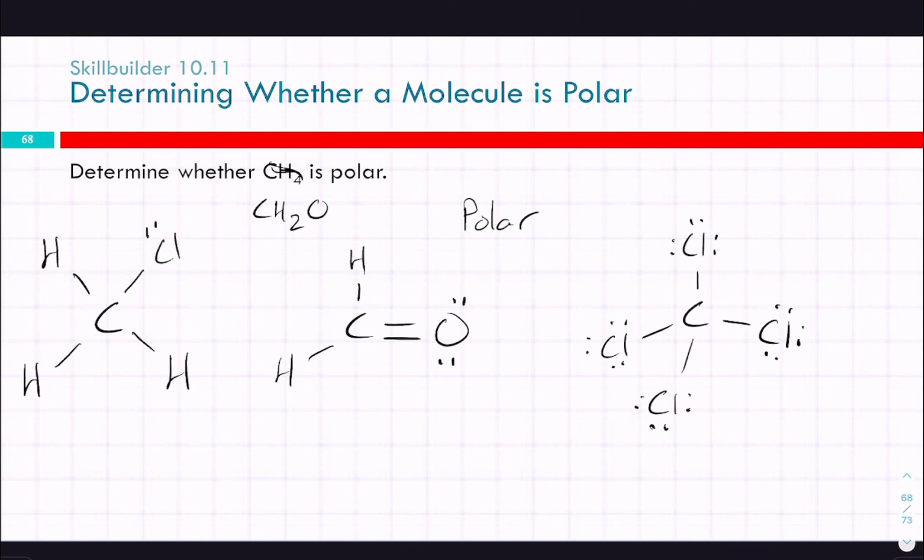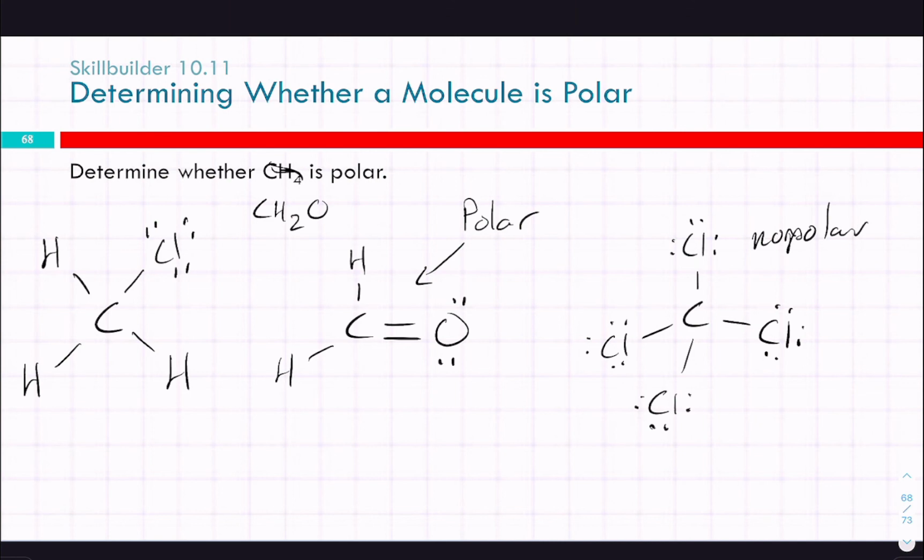I don't know if we did this one already. Is this one polar or nonpolar? Why do you say nonpolar? So we've got no lone pairs, check. But one of these is different than the other two. So that would be polar. Sorry, this is polar, not nonpolar. Okay.